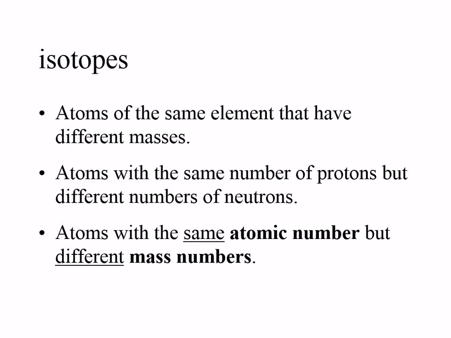So if they differ by the number of neutrons, then they differ by their mass number. Isotopes.